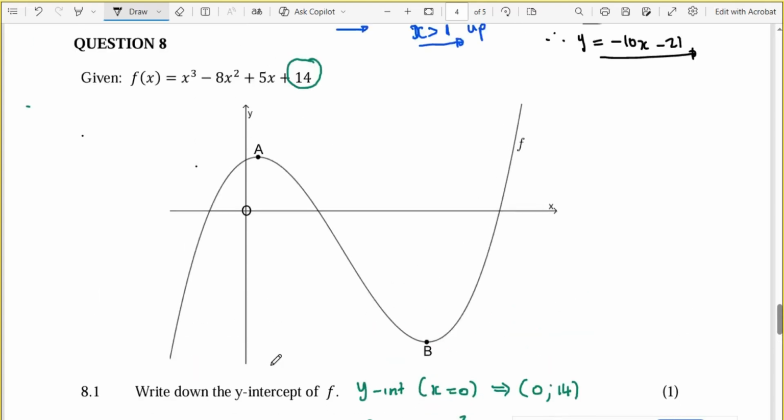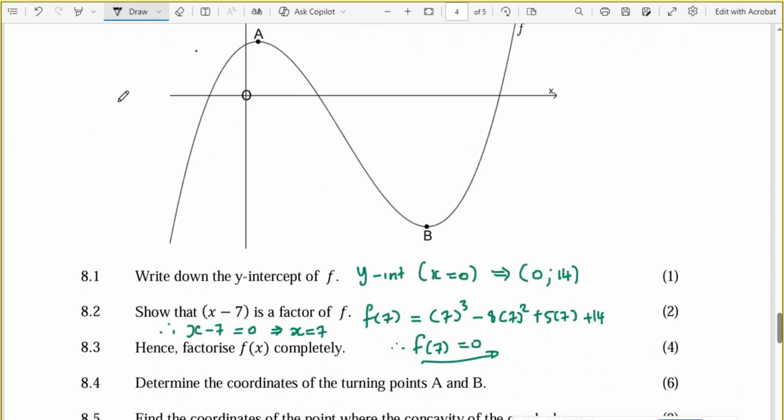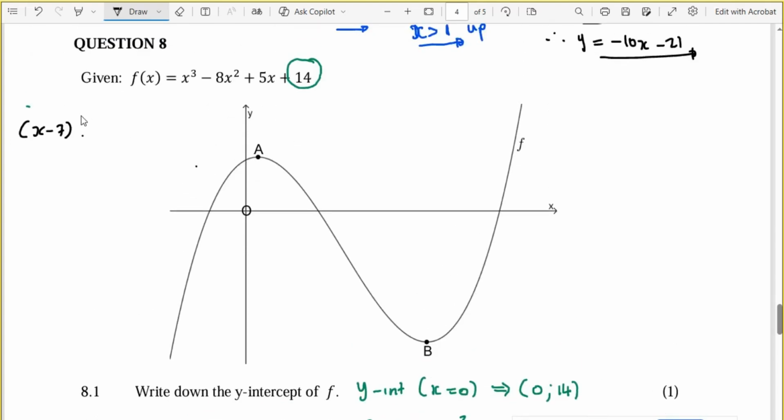Hence factorize. Hence means use what you already have. When you factorize, already we have x minus 7 as a factor. So I'm doing 8.3 now. When I have that as a factor, I'm going to open two brackets. We take x to the power 3 divided by x, which gives us x squared.